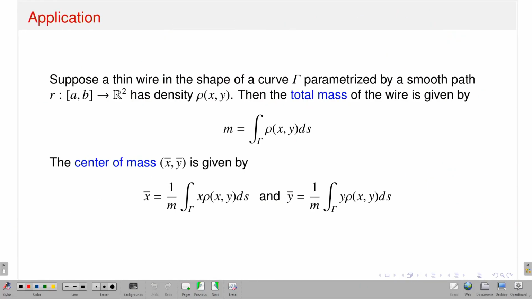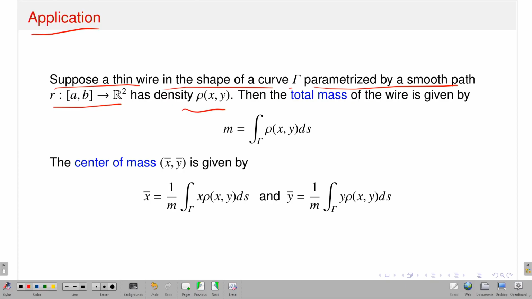Okay. So, there is a nice application of scalar line integral. What is that? Suppose you have a thin wire in the shape of a curve gamma parameterized by a smooth path, that means the parameterization of my curve gamma is r from the closed interval a b to r t.